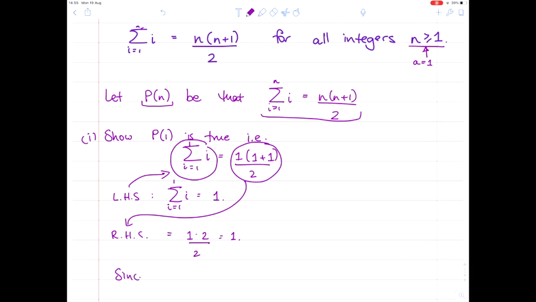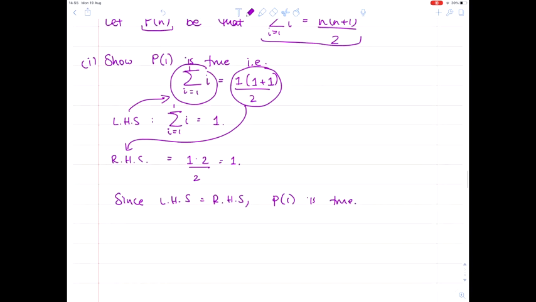And since our left-hand side is equal to our right-hand side, P1 is true. So what we've really proved here is that we knock over the first domino, that the first domino can fall.